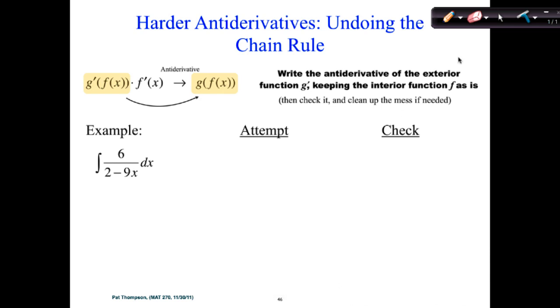Lots of examples. Try this one. Megan, is it 1 over the natural log of our tangent? Not quite.